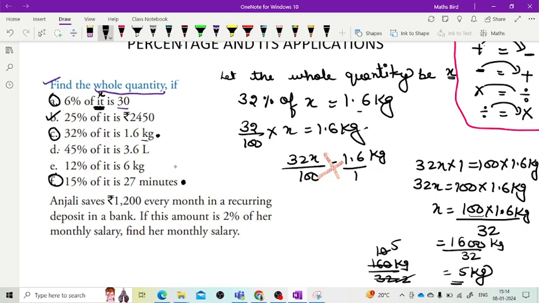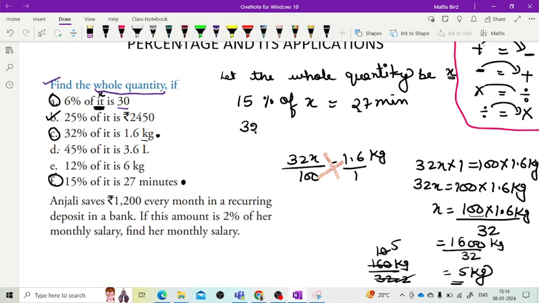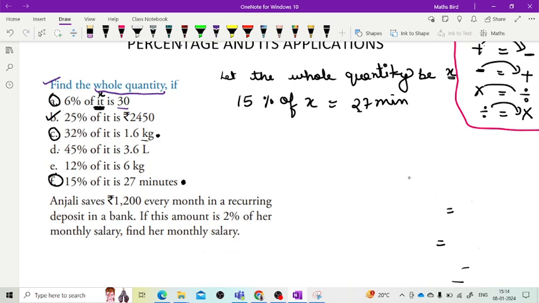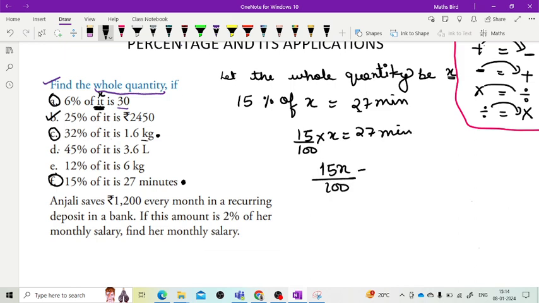Right? Now similarly 15% of it is 27 minutes. Same thing. You will write, let the whole quantity be x. 15% of x is equal to 27 minutes. Similarly, you will solve this question. See, percentage means upon 100. You will write 15 upon 100. Of means multiply, x is equal to 27 minutes. When you multiply 15 and x, it will be 15x upon 100 is equal to 27 minutes by 1.